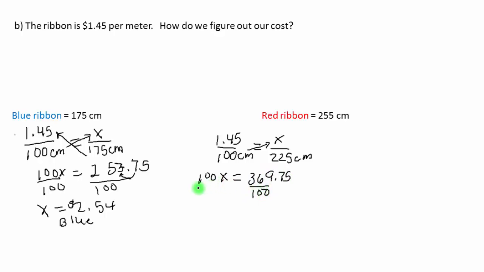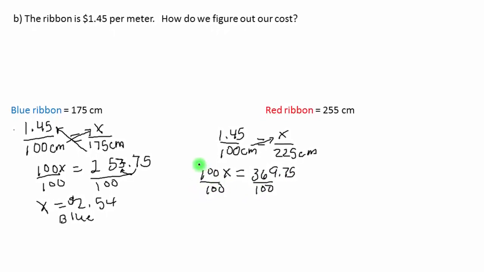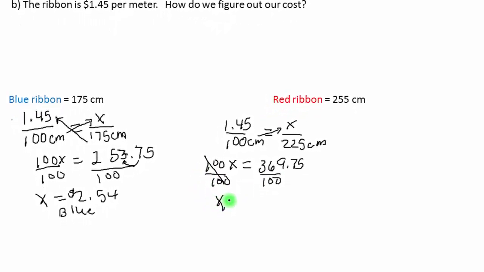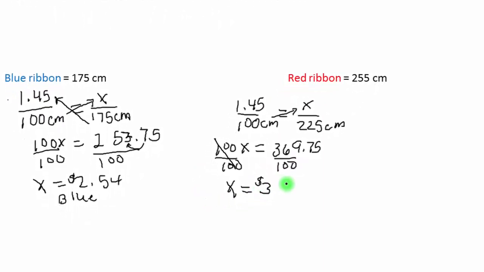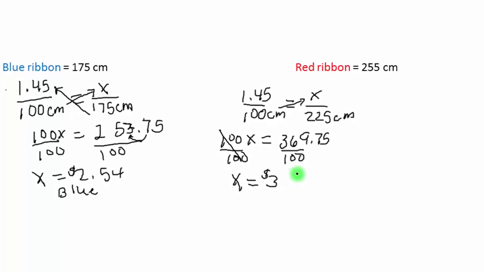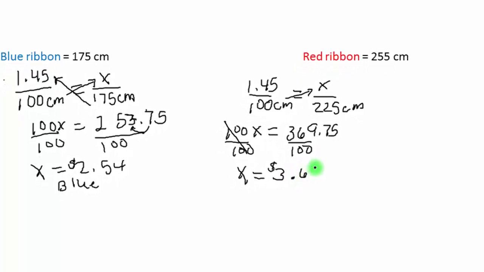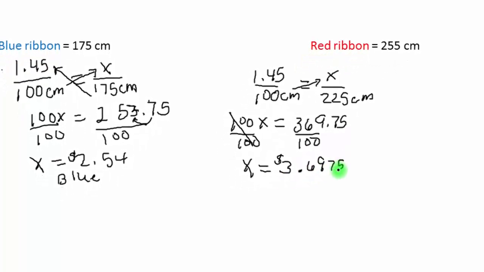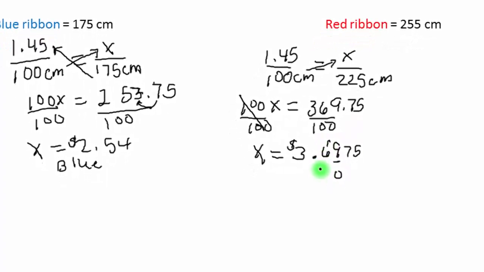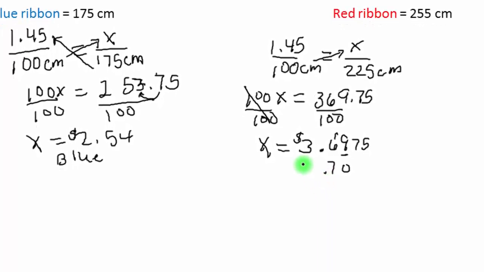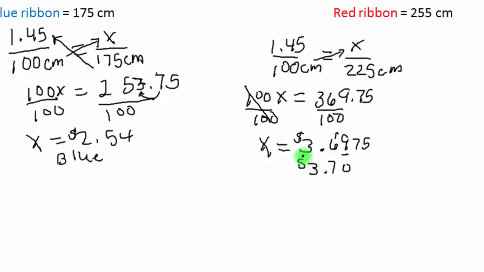Of course, now we need to divide by 100, just like before. And the cost for the red ribbon is $3.69 and 75 hundredths, oh, check this out, 0.6975. This 9 is going to round up to a 10, carry the 1, and that becomes 70 cents. So there's the cost of the red.